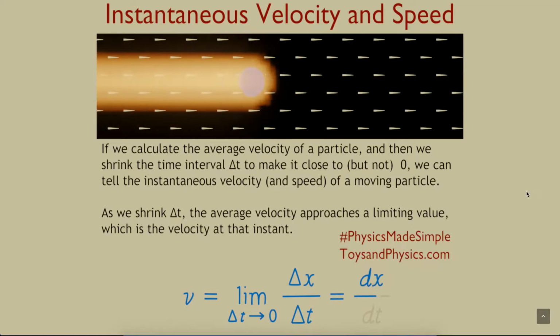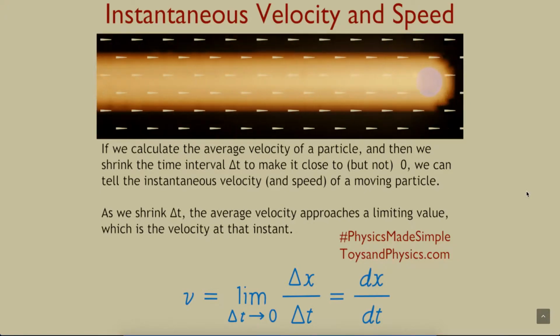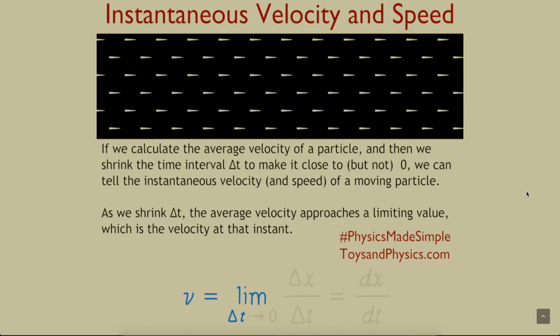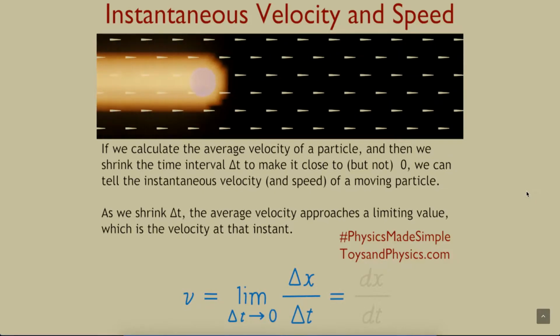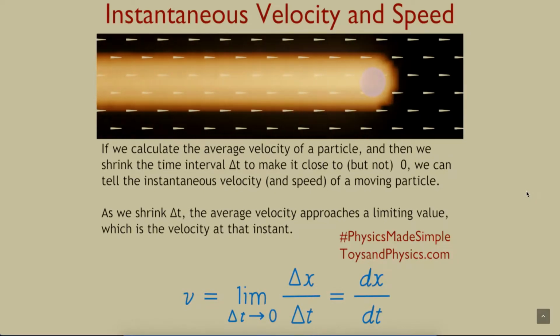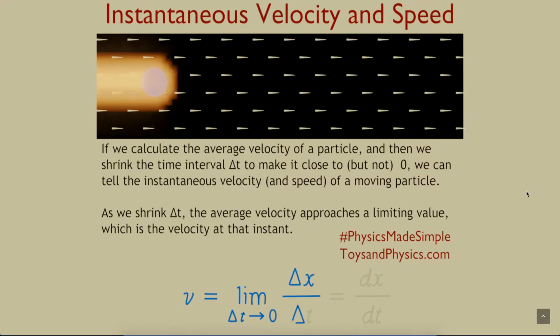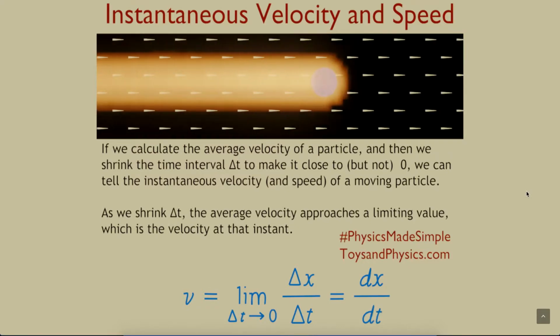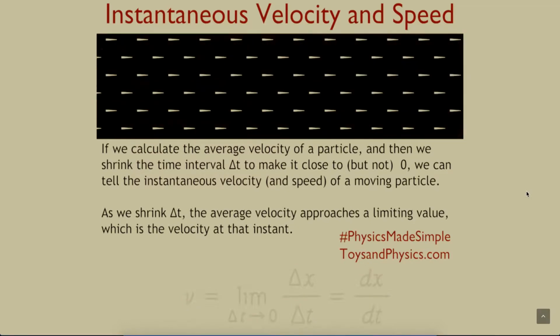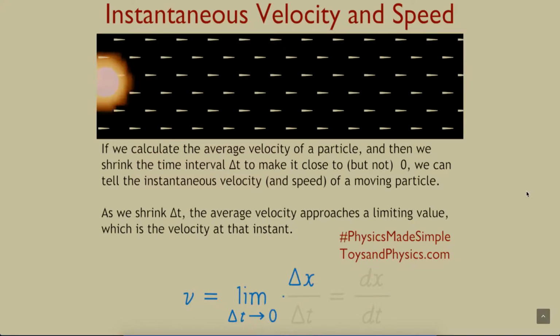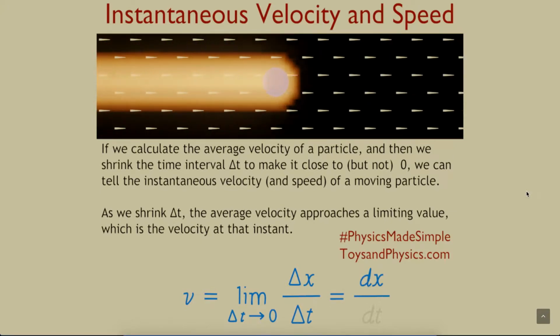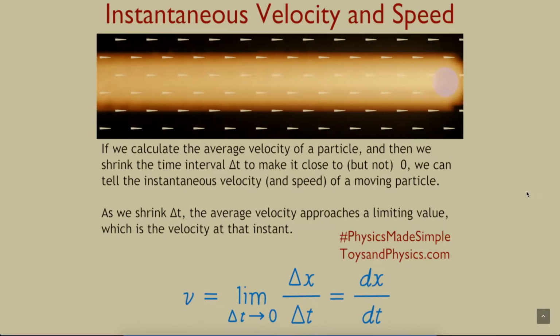Now, if we calculate the average velocity of a particle, but this time instead of taking the whole time interval it takes to get from point 1 to point 2, we take that time interval and make it close to but not 0, we can tell the instantaneous velocity and speed of a moving particle. And here's the trick, the important part of this.